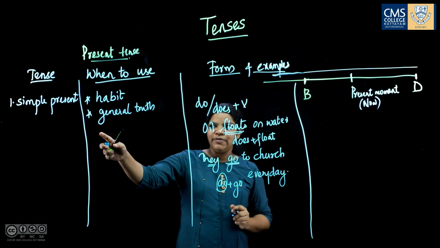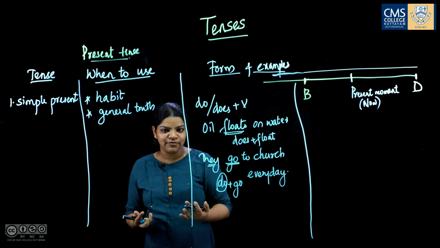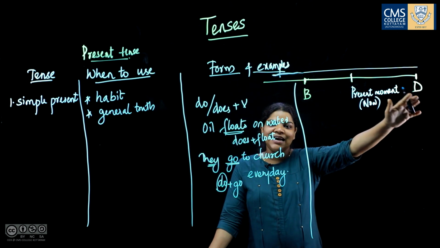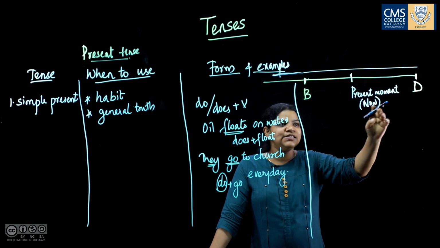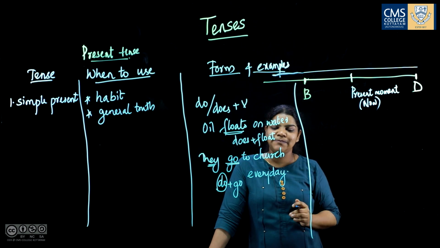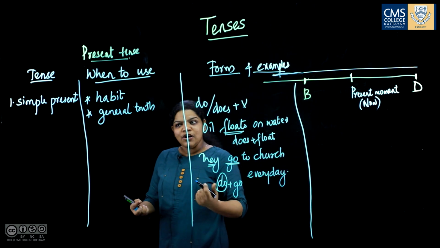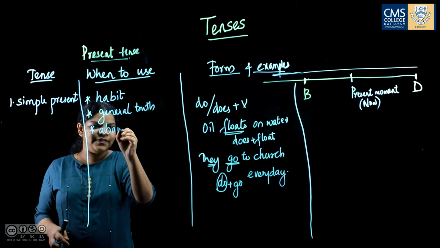So you use simple present tense when you're referring to a habit or when you're referring to a general truth. And in this timeline, it extends over a long span of time. It is not limited to the present moment alone, but it extends to a longer span of time. We also use simple present when we want to talk about our life.